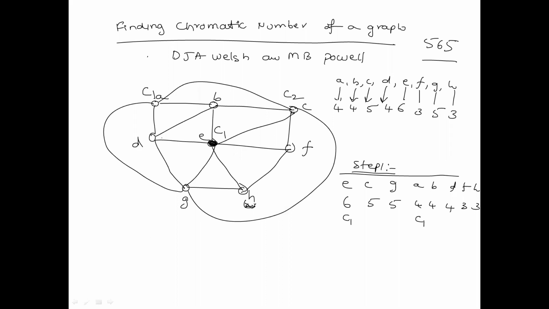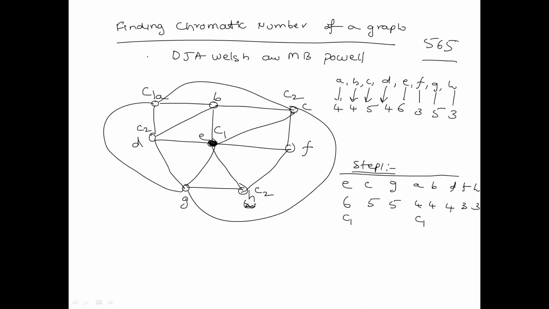So I can give C2 even to D also. If D and H were adjacent, then we could not give C2 to both, but in this case I can give the second color to H also.